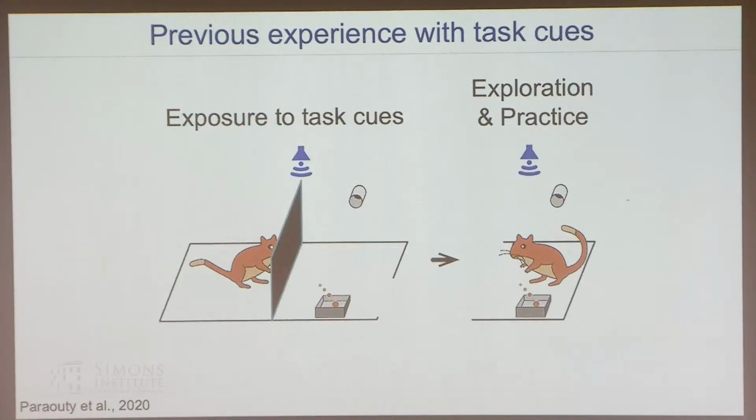The second thing, and I think this might be a little more interesting, is that we wanted to run a control for social experience in which the animals did experience the task cues that were ultimately going to be used by a demonstrator and by them. Here we placed them on one side of the cage. There was an opaque divider because we're studying auditory social learning, so we wanted to eliminate any visual cues. We presented the task cues, meaning the two amplitude modulation rates.